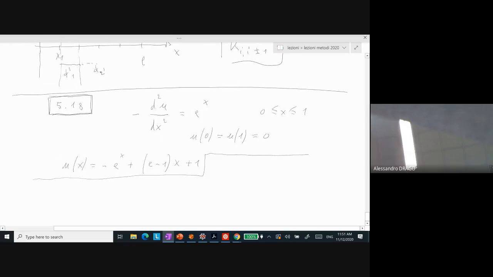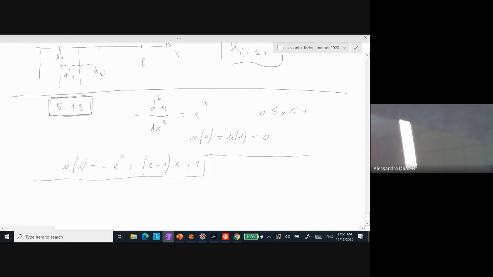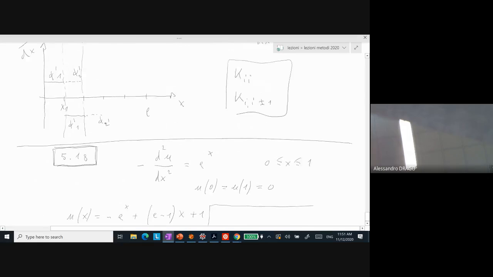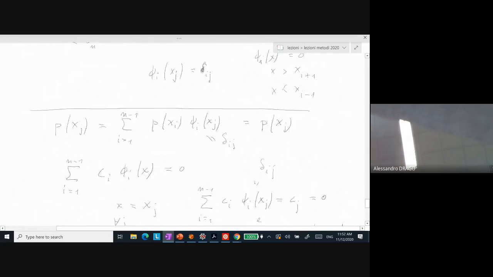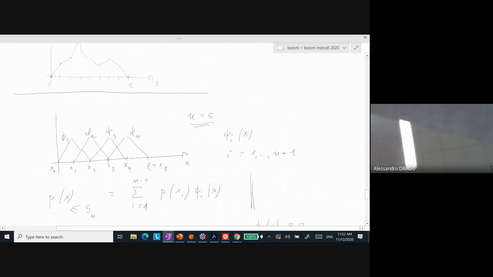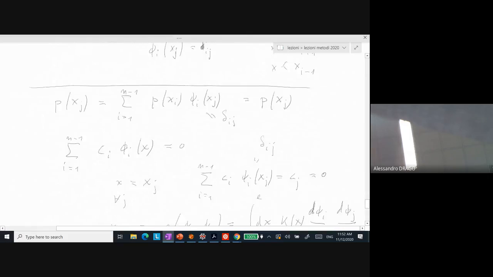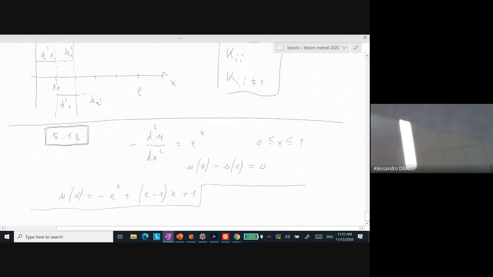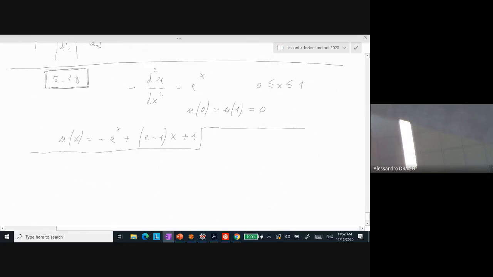So the first point is to build our grid. The grid is the one that I discussed a few times now, this one. And we can write the analytic expression of these functions, which we then put in the numerical code, of course.